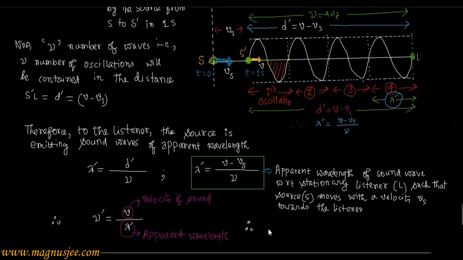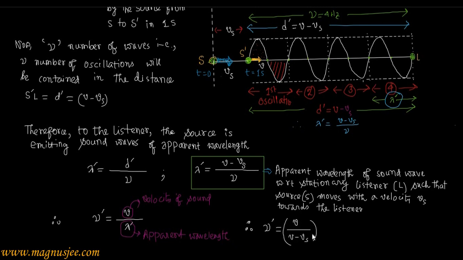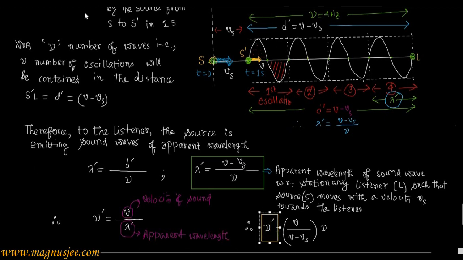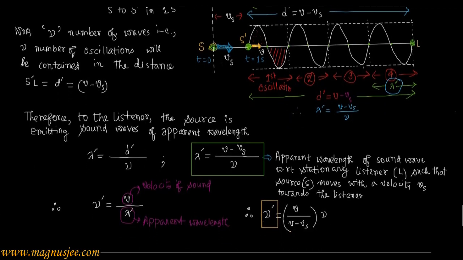Therefore, nu prime is equal to v divided by v minus vs into nu, which is the apparent frequency of sound wave heard by the stationary listener L.